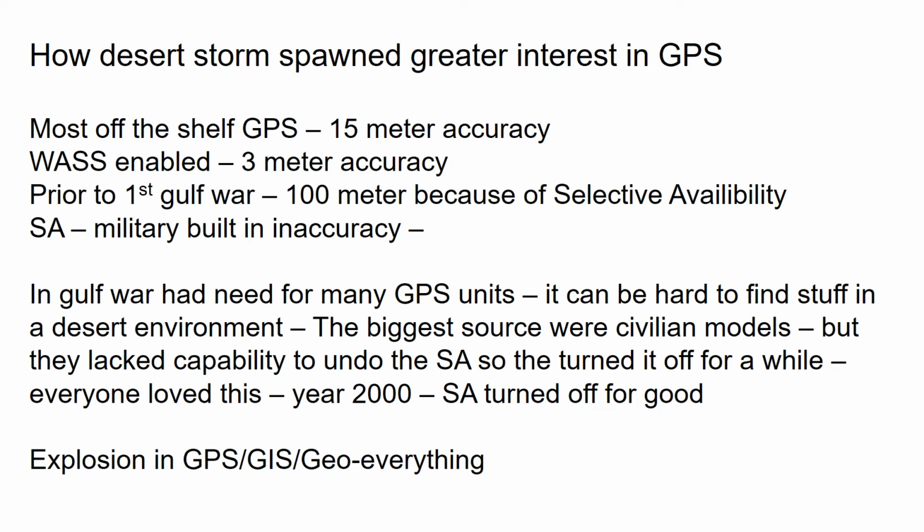And boy, did everyone love that. Now, after it was over and they sort of wanted to turn it back on, it was kind of problematic. But eventually, by about 2000, it had all been turned off for good and permanent, and then everything worked great after that. And this has enabled this explosion in all this GPS, GIS, geo-related everything that's happened since then.